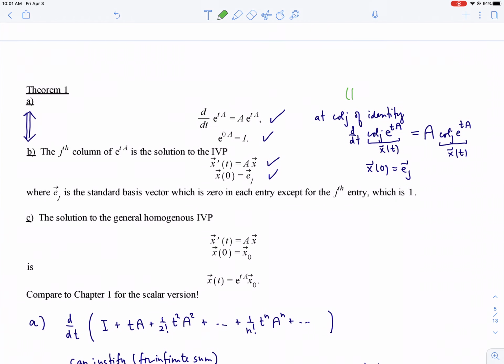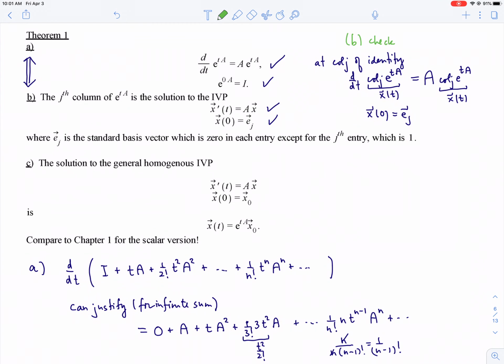Okay, and now let's look at C. So here we were checking B. If I look at C, notice that e to the tA times x naught is just a linear combination of the columns of e to the tA, where the weights are just the coordinates of x naught, the components of the vector x naught.